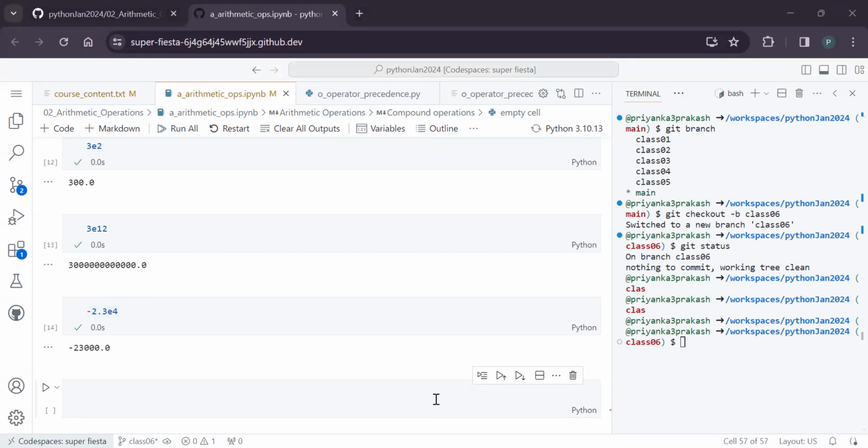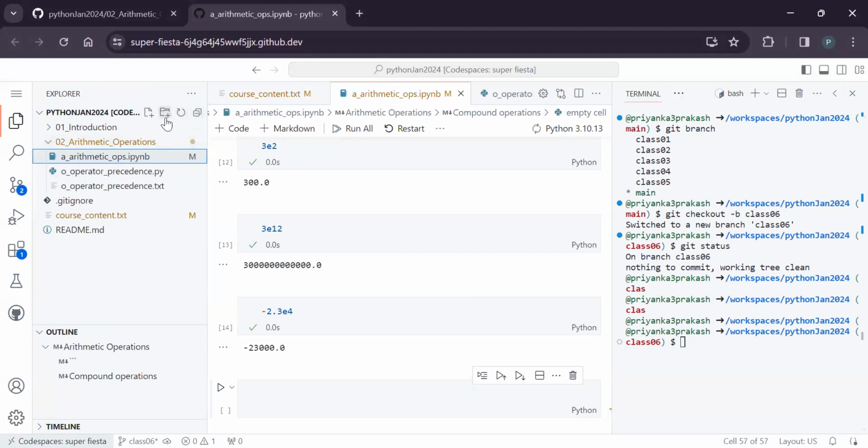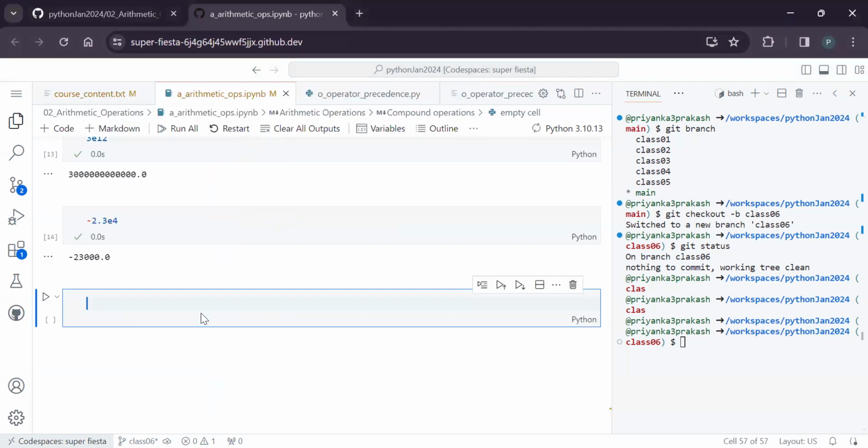Next, coming to the big things. Whenever you are representing large numbers, what is the solution? There is a concept called number formatting.